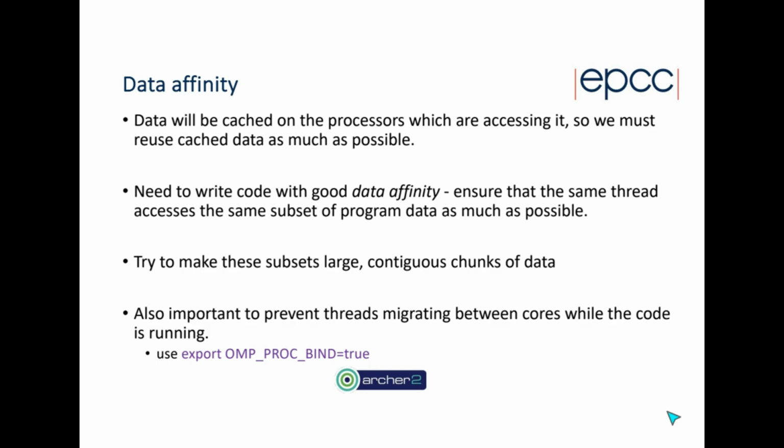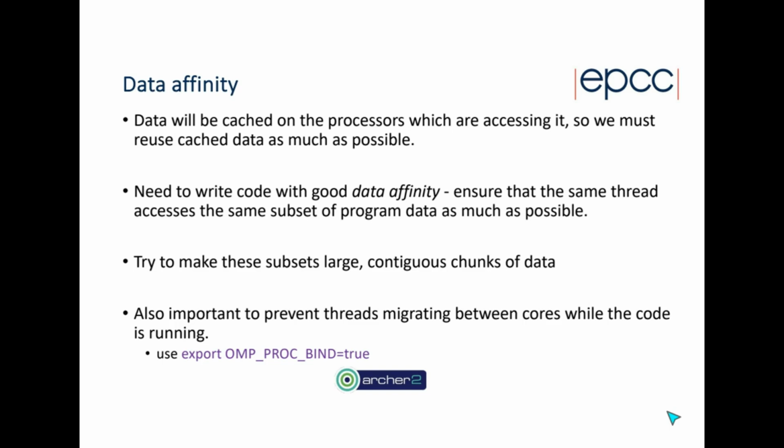Okay, so Chen is asking, do you have a way to control affinity? So yes and no. It's down to how you write the program. We programmers have to take care of which thread is doing what, and therefore which thread is accessing what data.